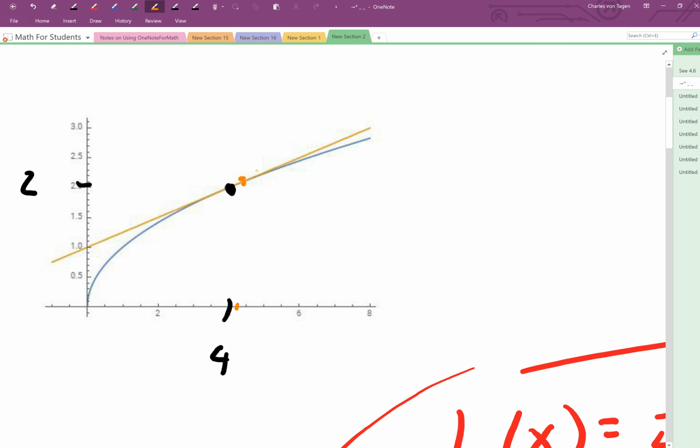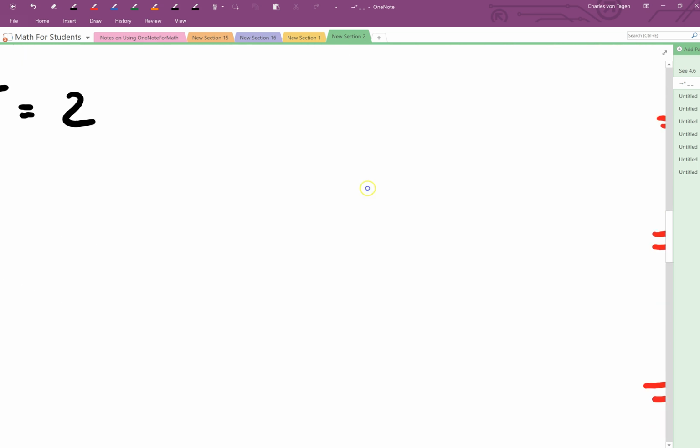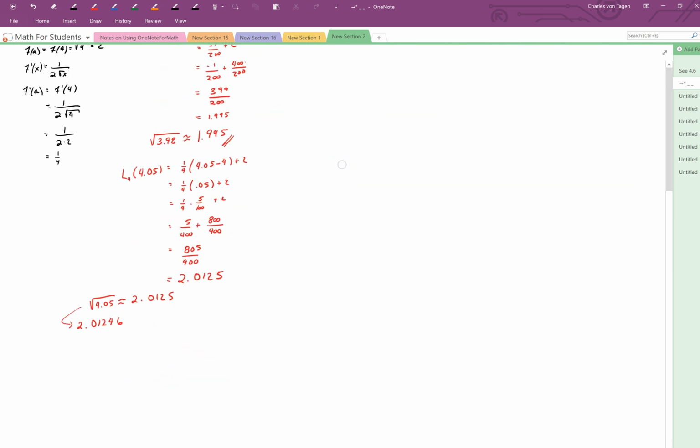But of course, they're so close to each other. Let's zoom out here. In this case, these two values, if I plugged it into the yellow line, this is what I got. And if I plugged it into the blue curve, I got something close to this. These two values are accurate to at least the thousandths place, which is a pretty good approximation. That's the idea of linearization.